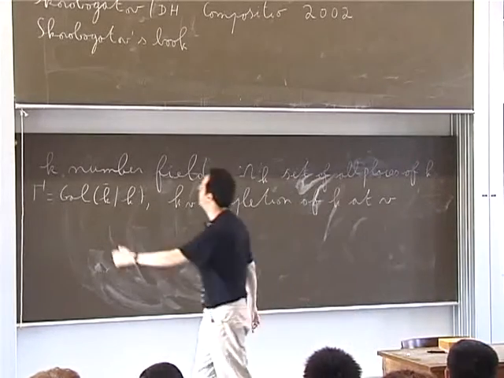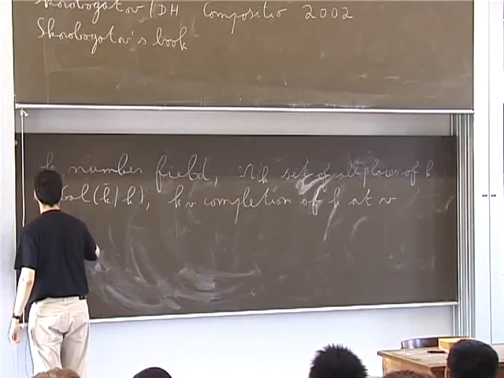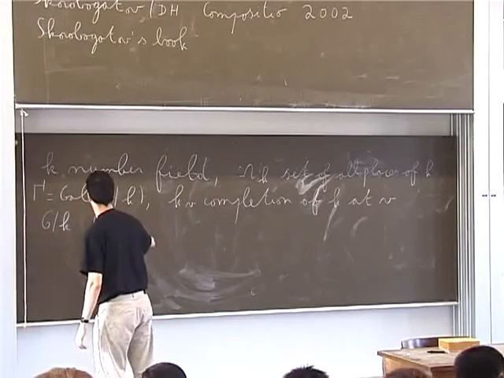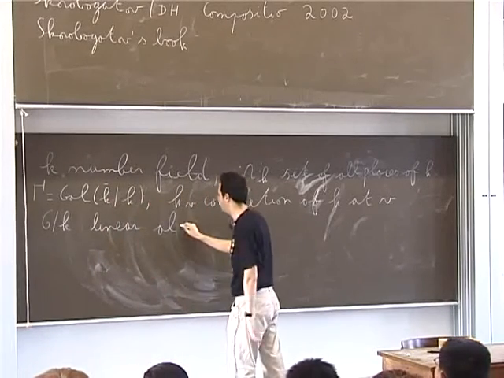And yesterday I considered G over K a linear algebraic group, not necessarily connected.